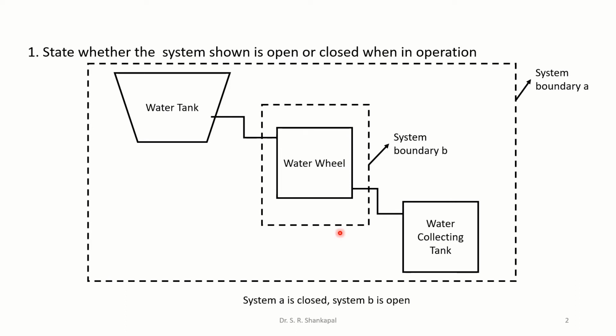As we have mentioned, in a closed system, mass cannot enter into the system nor leave the system. Mass is constant. However, there can be work interaction and heat interaction.